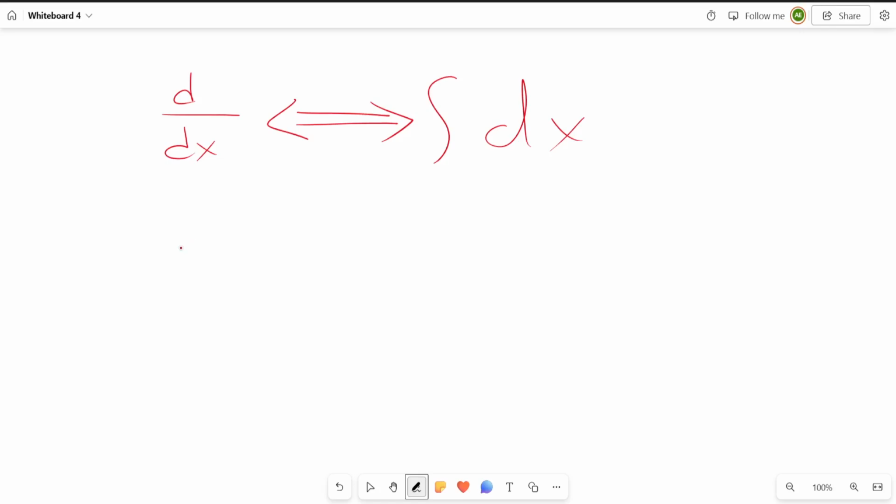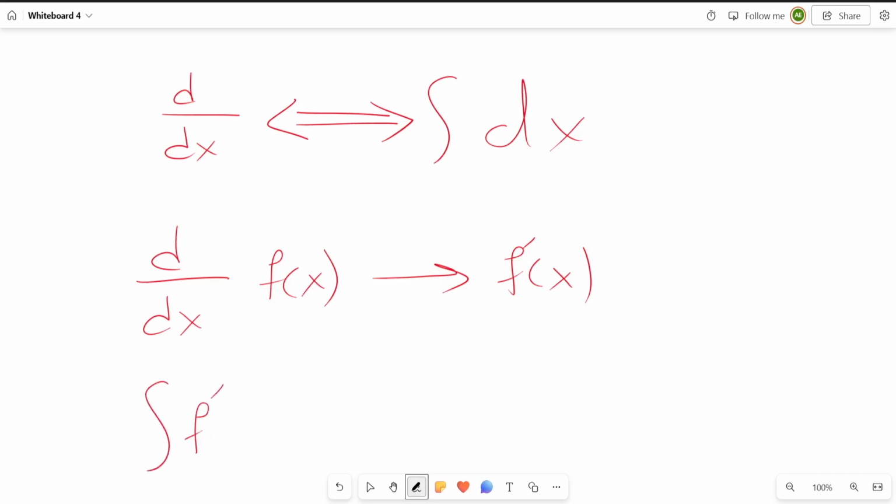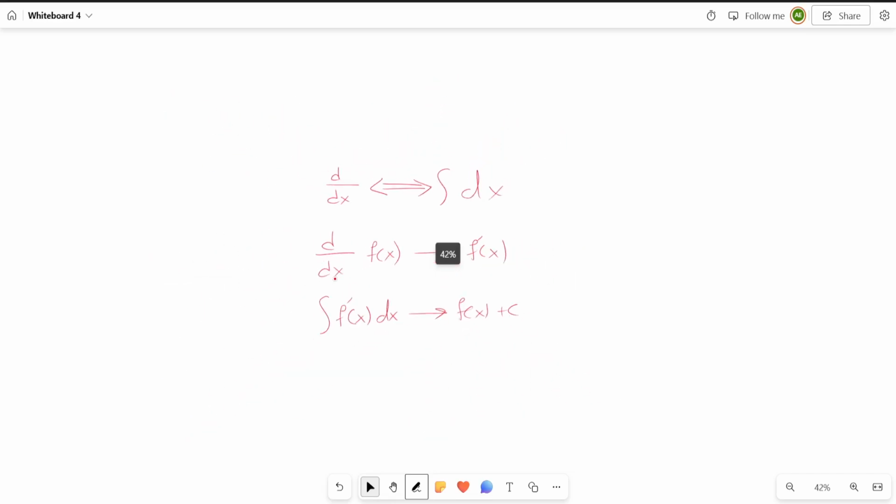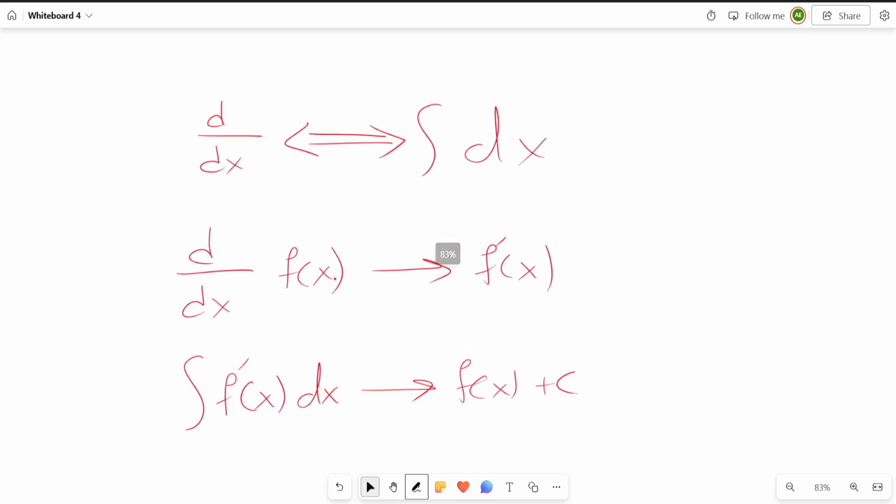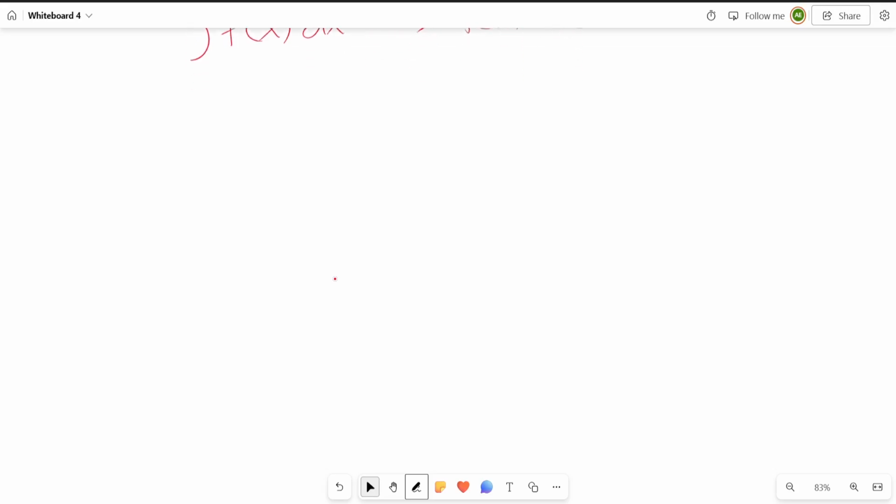So when I differentiate a function, d by dx of f of x, I get f dash of x. And when I integrate f dash of x by dx, I get back f of x plus c. So differentiation and integration are opposites, okay? And we will use this to help us today.